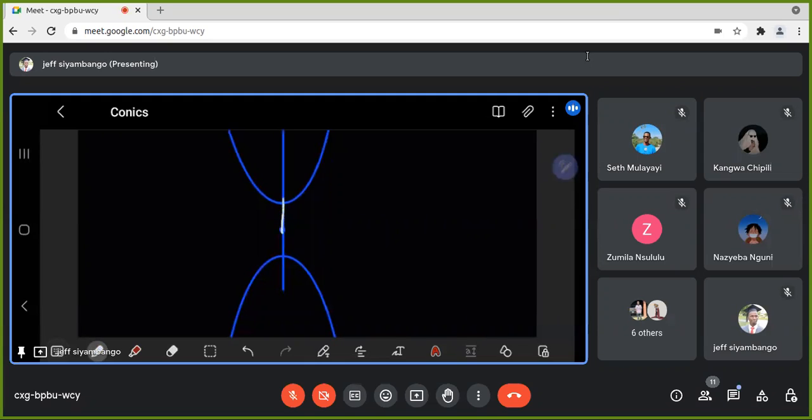Our C is going to be from here to the focus, which is basically the same as from here to here. And also the other one, C is going to be from there to there. So C and A are now in terms of the y-axis. And this one now changes. In the previous one, we had x squared over A squared and y squared over B squared. Now, what we're going to have is x squared over B squared, and then y squared over A squared equals 1.